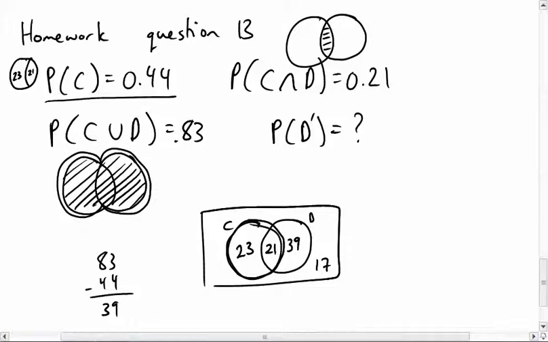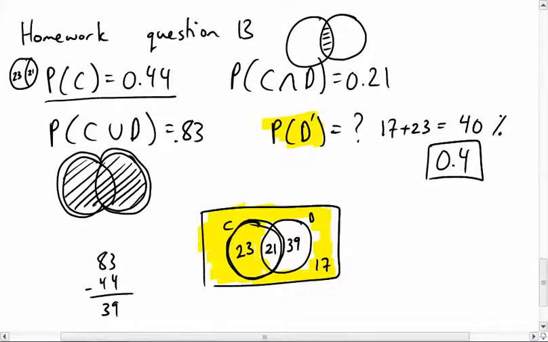Okay, the probability of not D is the probability of everything that's not in circle D. So that is 17 and 23, which is 40%. Okay, so I love to solve those problems just using a picture. It helps me to understand what's really going on with the problem instead of all the crazy equations.